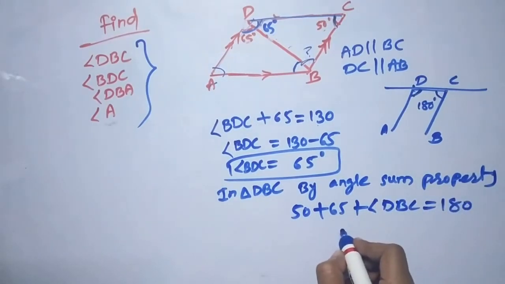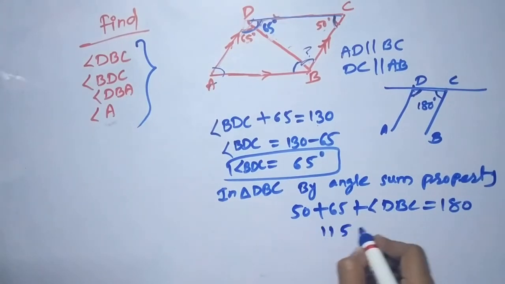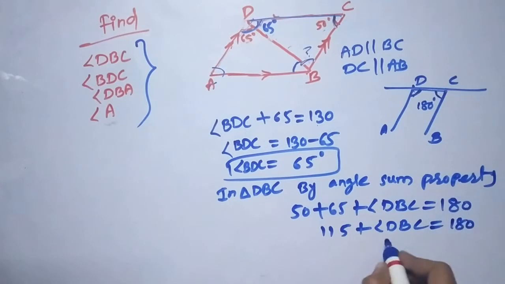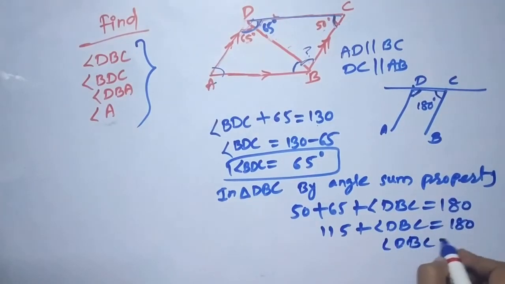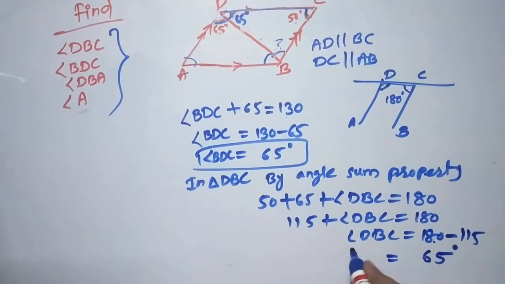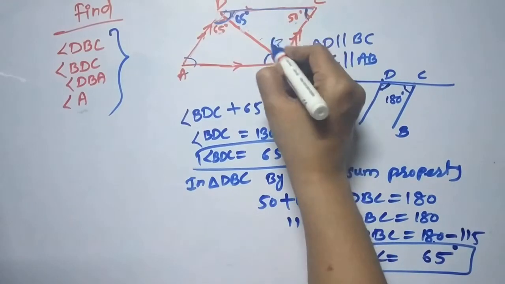So angle DBC is equal to 180 minus 115. Again friends, you will get 65 degrees. So this is also 65 degrees.